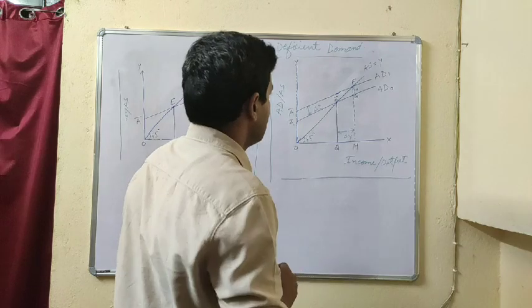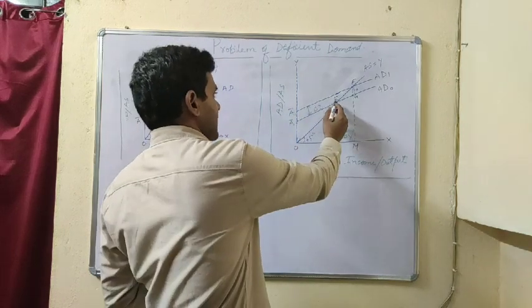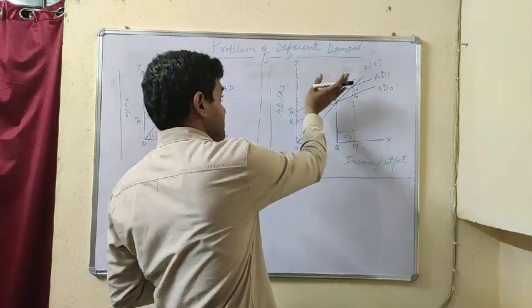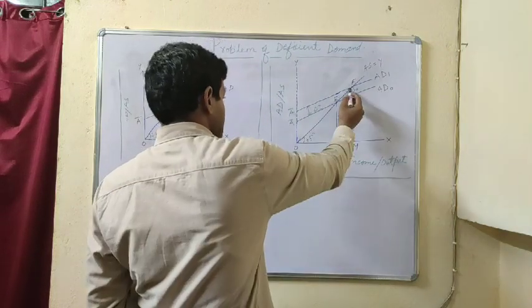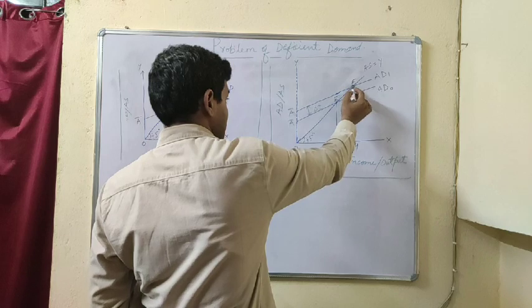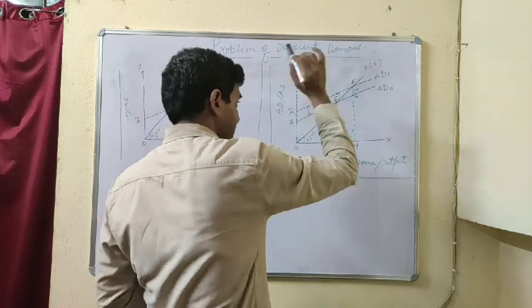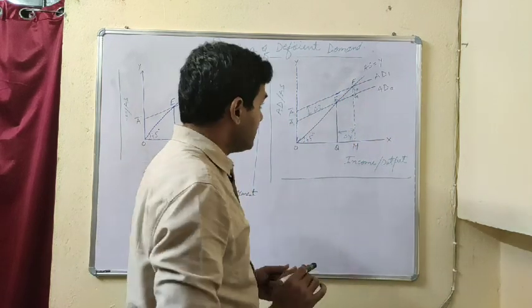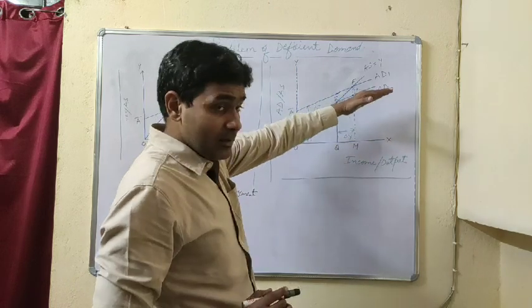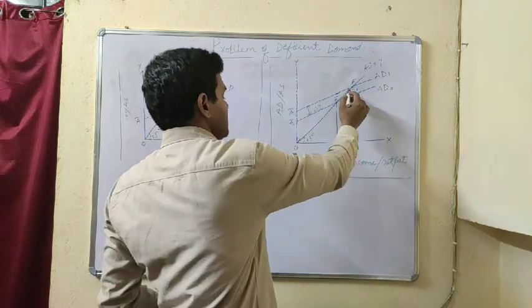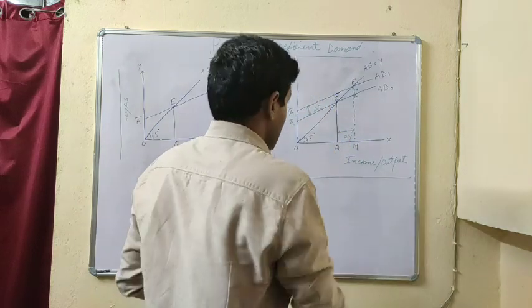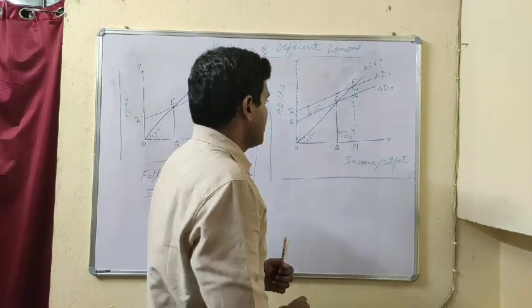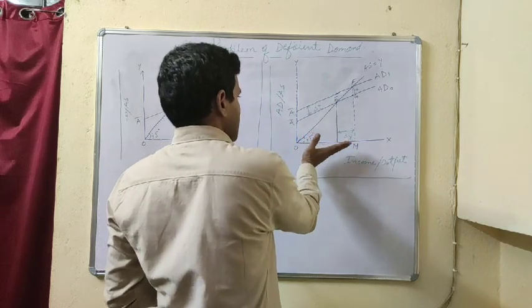But when the aggregate demand curve shifts upward, you can see the full employment equilibrium level is point F, where AD1 intersects the supply curve.